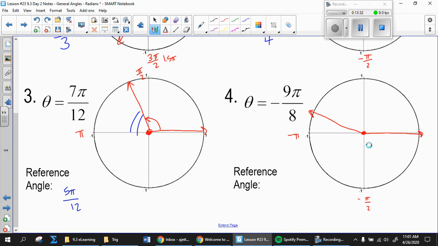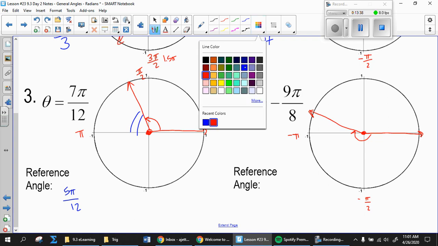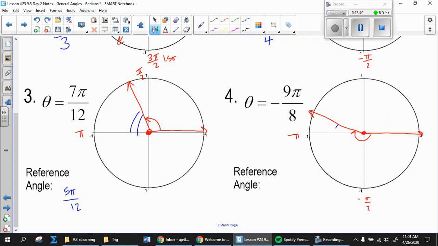So my rotation is going to be this direction here. Then our reference angle is just this little part here. So I'm saying how much further past 1 did I go? Well, that would be 1/8 because 8/8 is 1. So I go 1/8 past it to get to my terminal side.